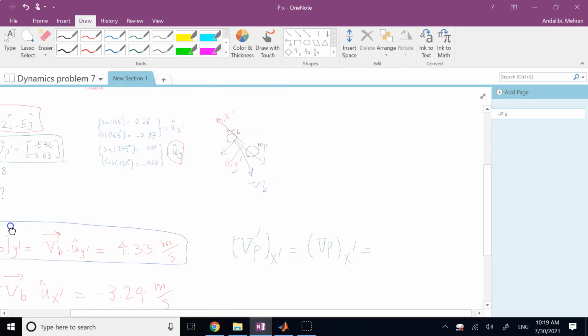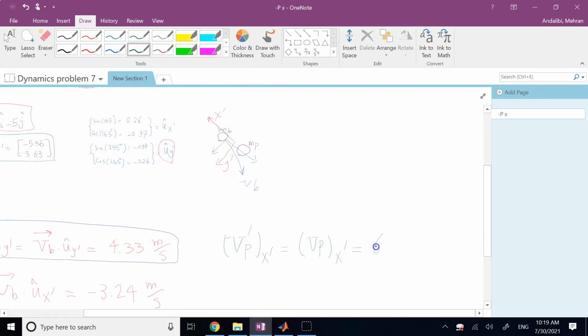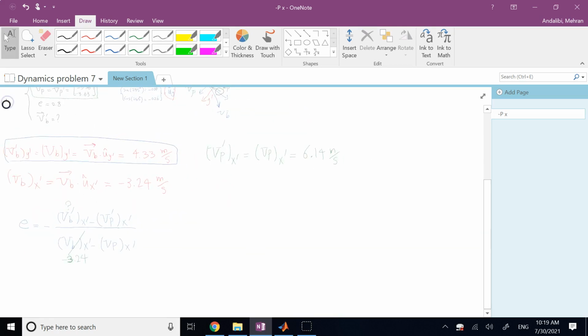So the component of velocity of the rocket along x prime is 6.14, and again that's right, because the rocket was moving, the point P was moving in such a thing, negative i positive j, so it was moving like this. And of course, when you project that along x prime, you will get a positive component. So now I have both of these numbers.